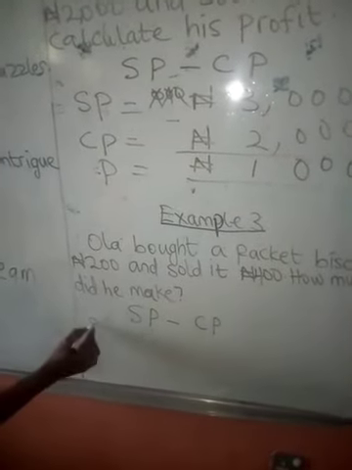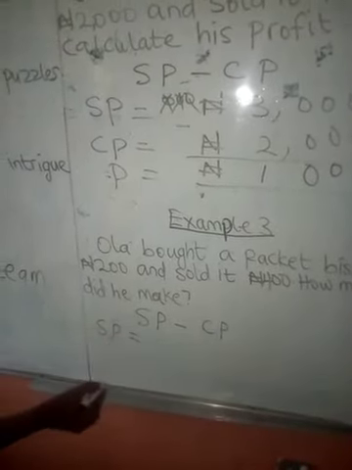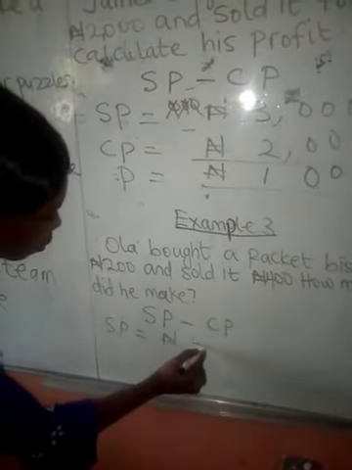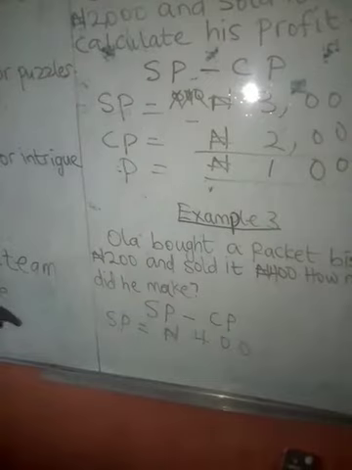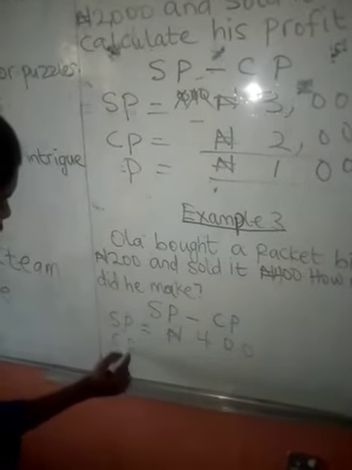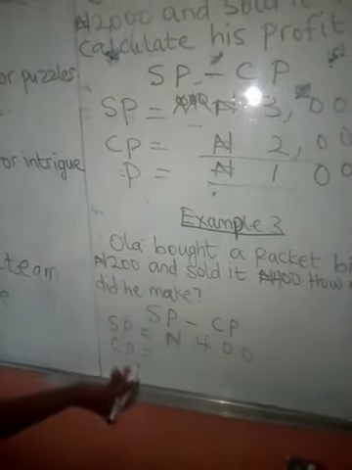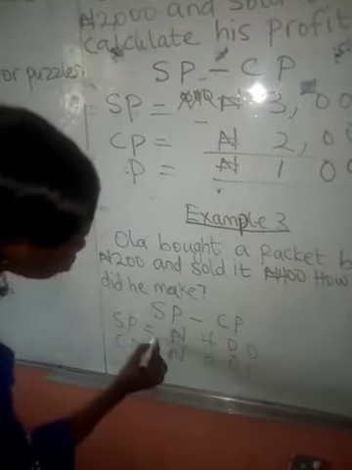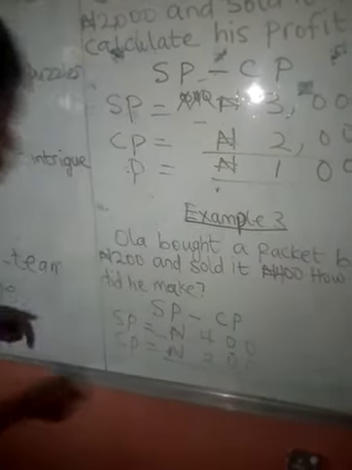Now SP is what? Our selling price is how much did you sell the biscuit? 400 naira. And the CP, which is the cost price, is how much did you buy the biscuit? That's 200 naira. We'll put our subtraction sign and we'll calculate.